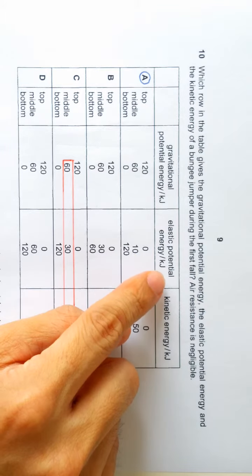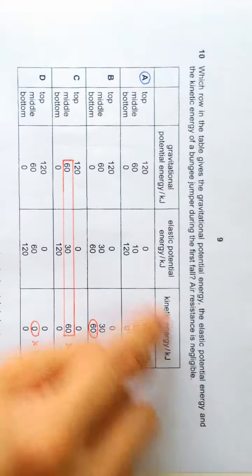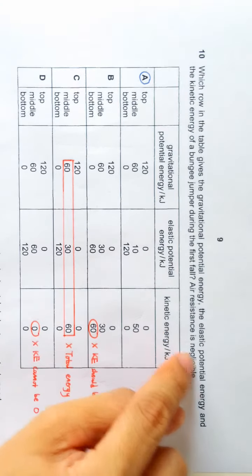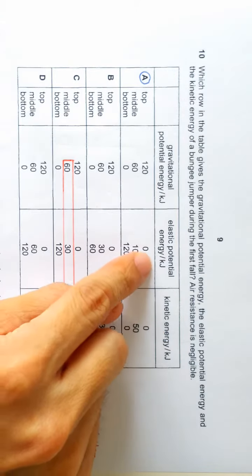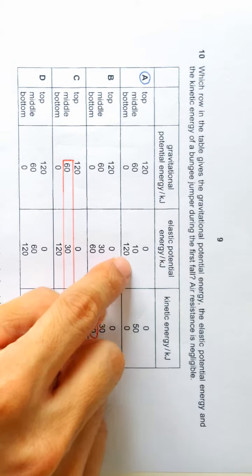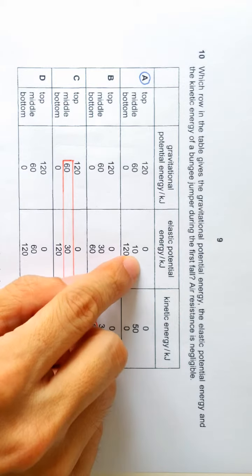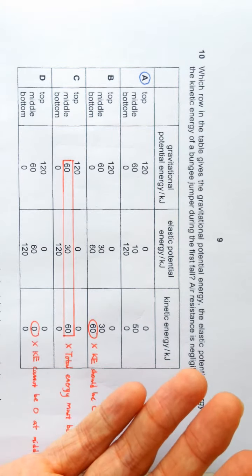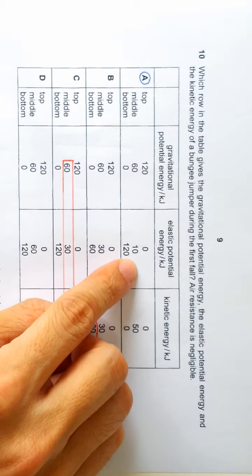This is because the elastic potential energy does not increase linearly with extension. It increases quadratically. So going from top to middle and going from middle to bottom is the same increase in the extension, but it should not result in the same increase in EPE. It should result in a larger increase in EPE.